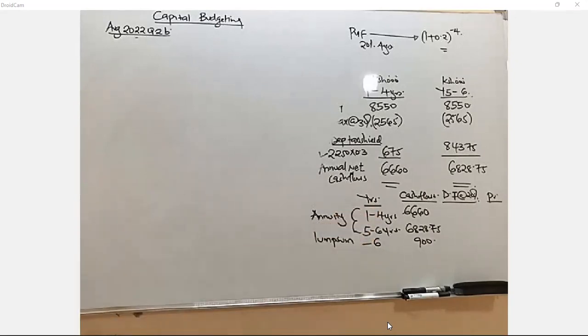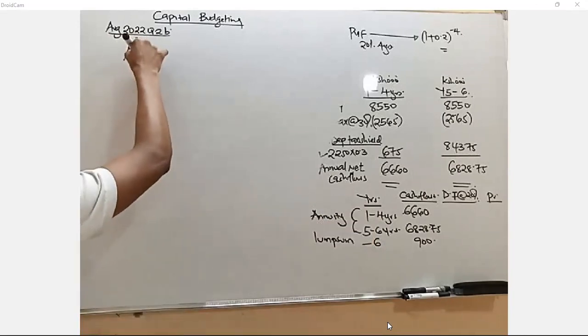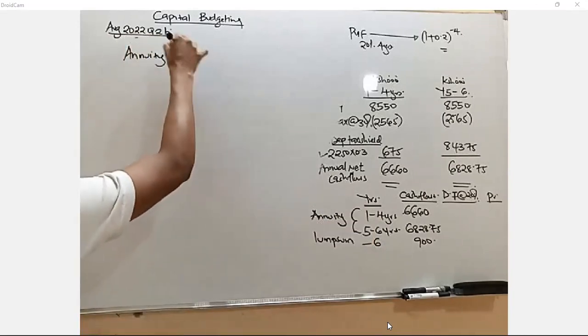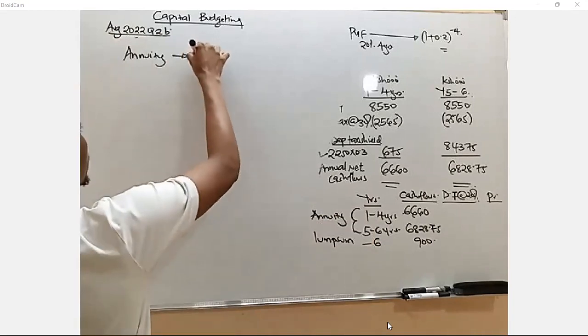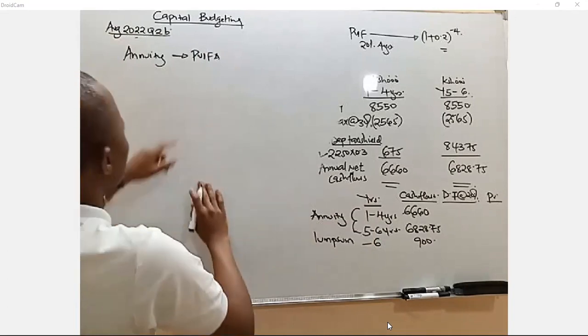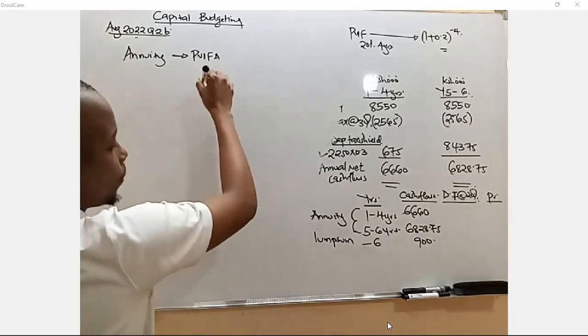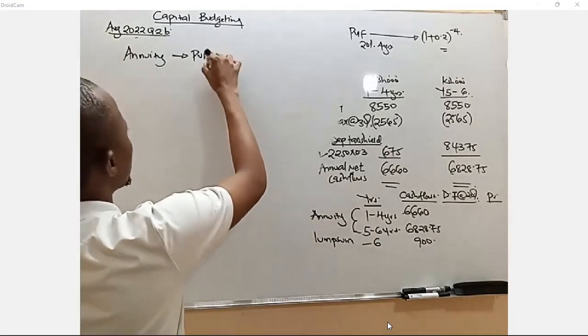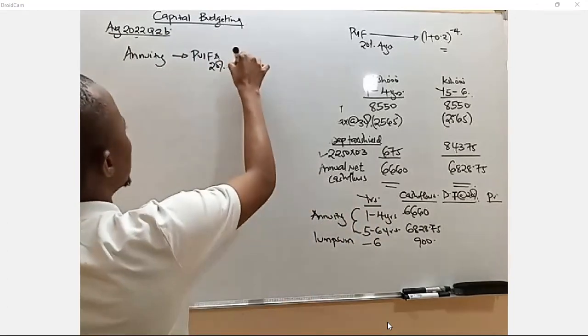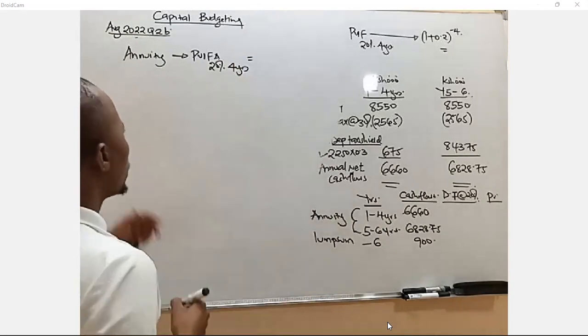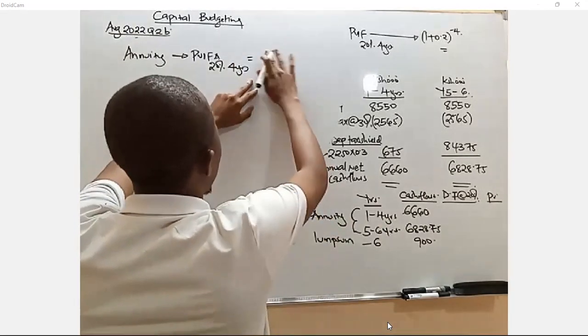So what is the formula for annuity? To calculate our annuity, and I will recognize these when we are doing the time value of money, we normally take the present value interest factor annuity. For example, R% is 20%, N years, sometimes 4 years. You ask yourself, what is the formula I can use here if I don't have the table?